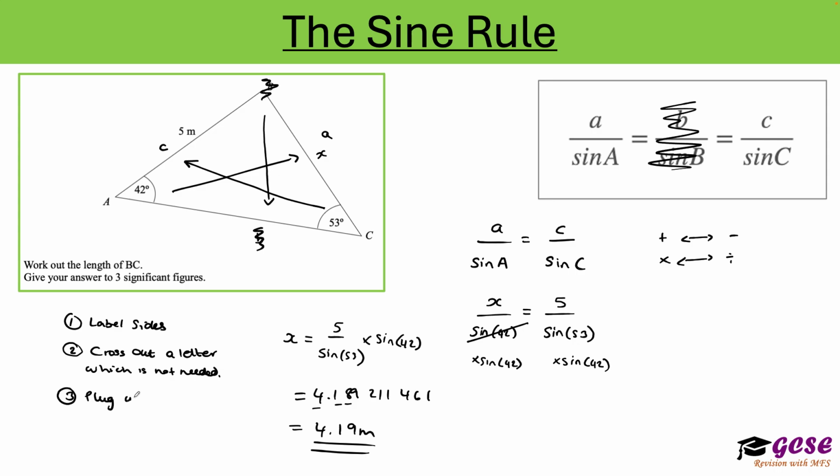So step 3, plug values into the equation, which is this equation here, and then step 4 is going to be rearrange to find x. Okay, and that's basically how you work out the length of a side using the sine rule.